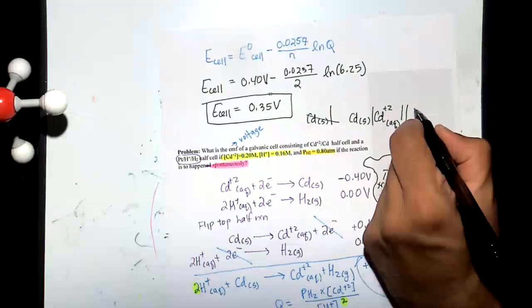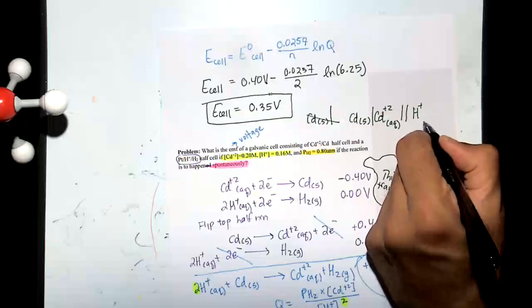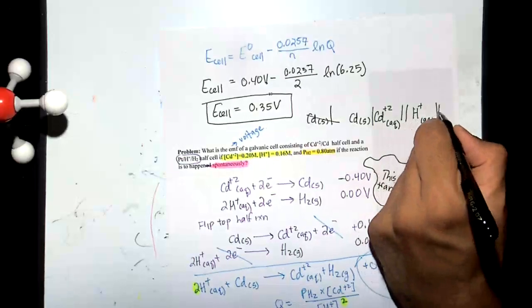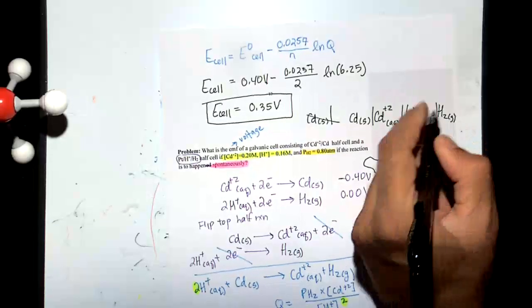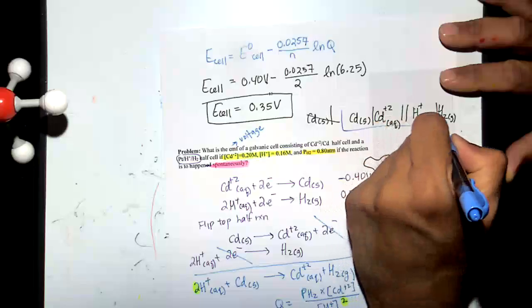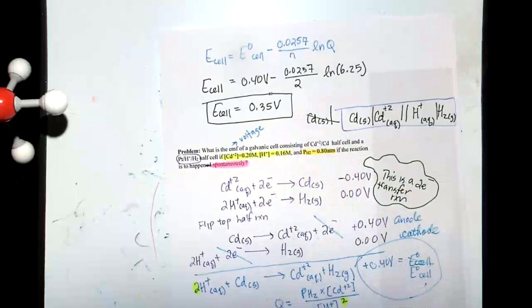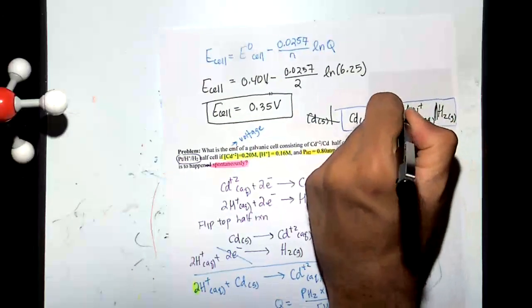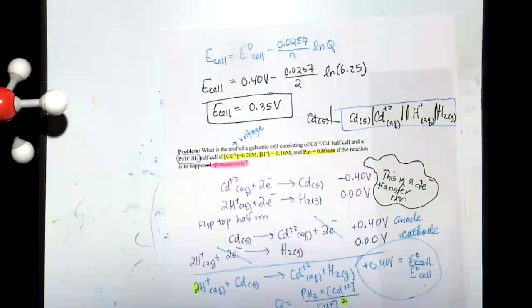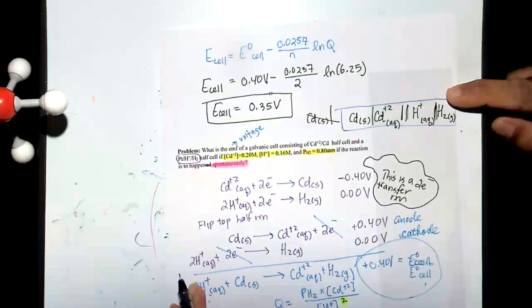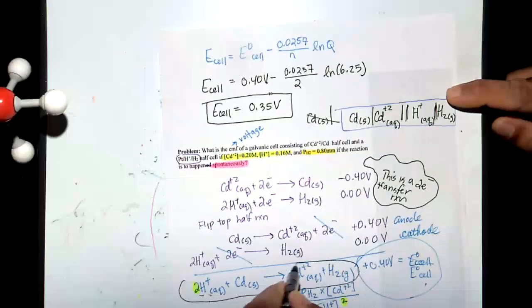It's going to be H+. You can do 2H+ or just write H+. Draw a straight line down, H2 gas. So that is the galvanic cell notation. This and this should be interchangeable.